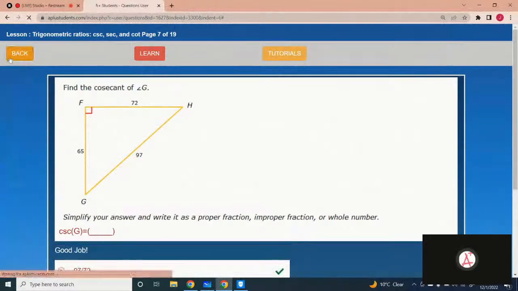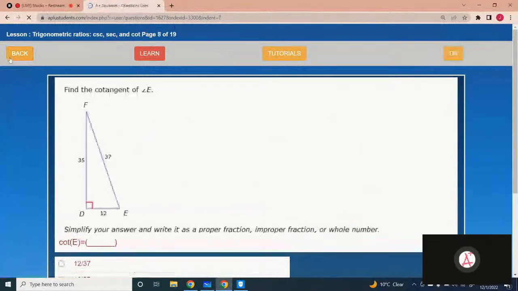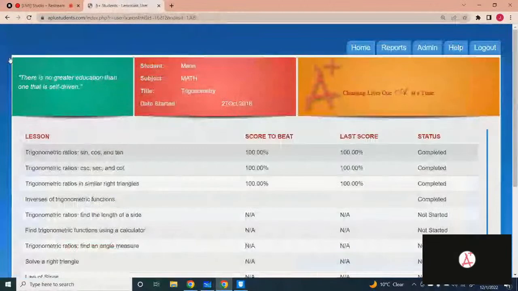Okay, so you can complete the test by yourself later today. Let me just move on to the next topic. The next topic is trigonometric ratios in similar right triangles.